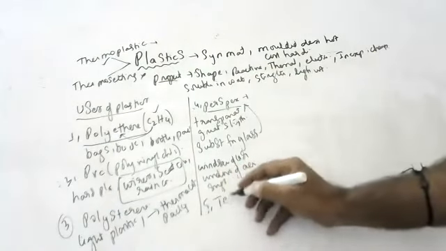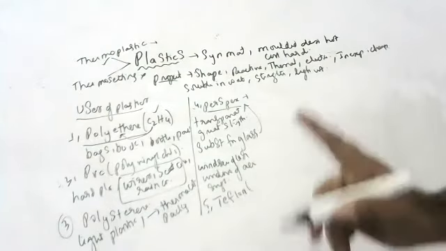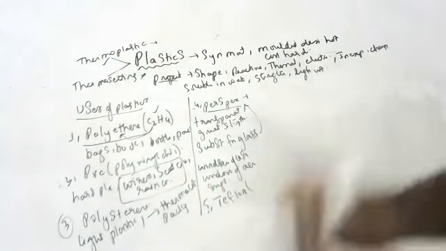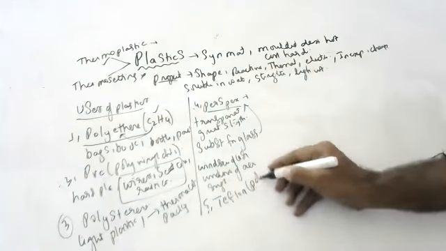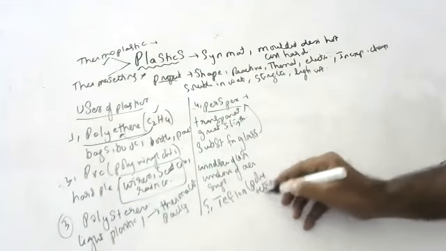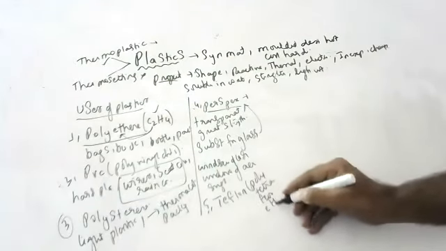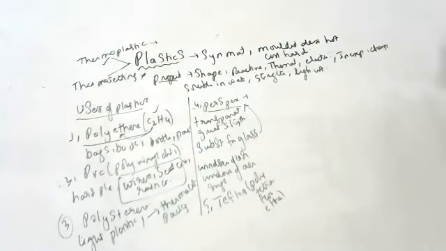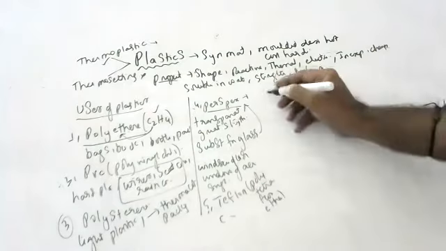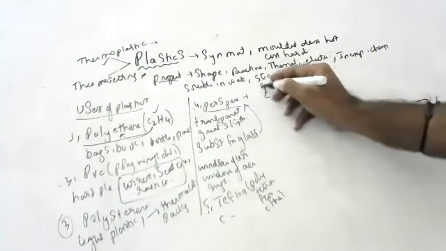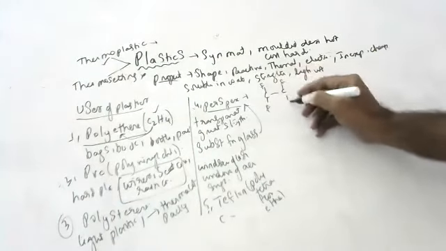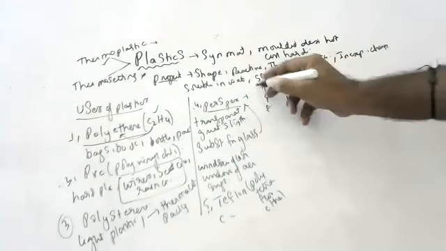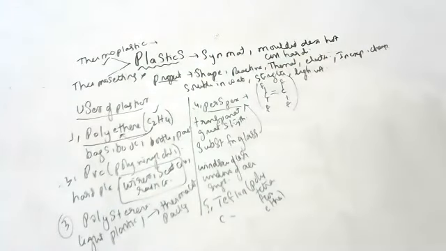Teflon, you all know Teflon. Teflon is also called polytetrafluoroethene. Tetrafluoroethene looks like this. So many molecules of this ethene are converted into Teflon.